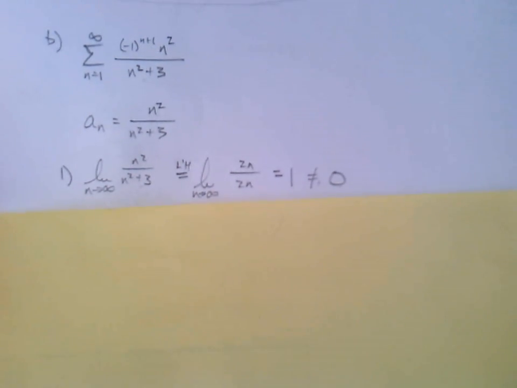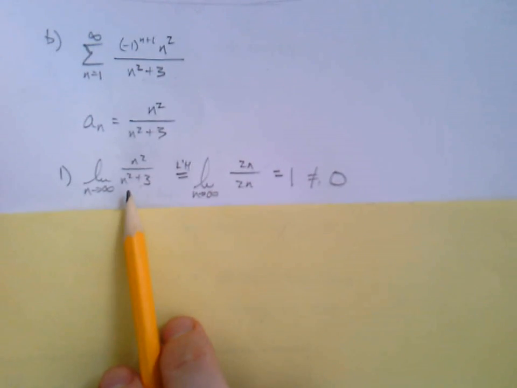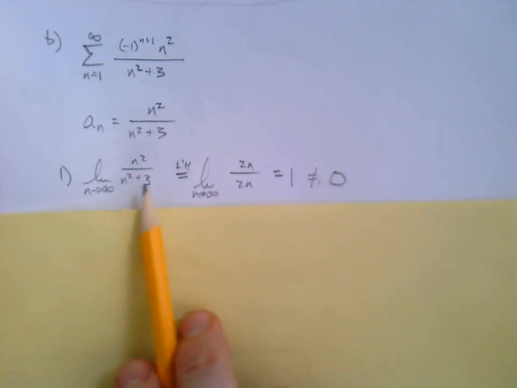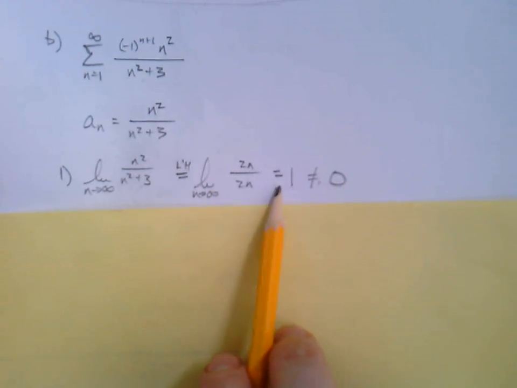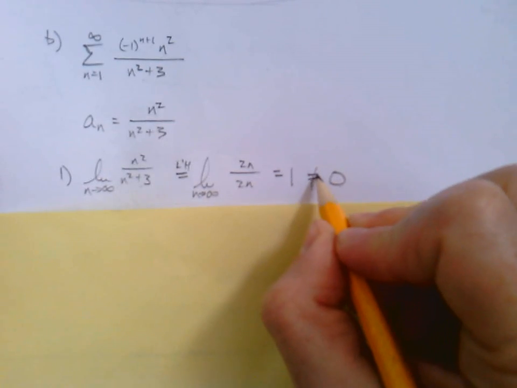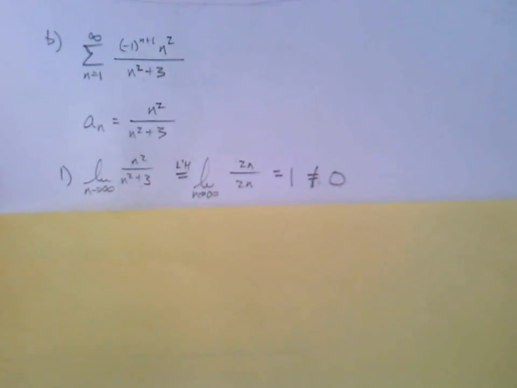However, for the alternating series test to conclude convergence, this limit needs to equal 0, and clearly it does not. So I'm going to note specifically that 1 does not equal 0. And so it seems maybe at first like we cannot apply the alternating series test because we did not get 0 like we were supposed to.